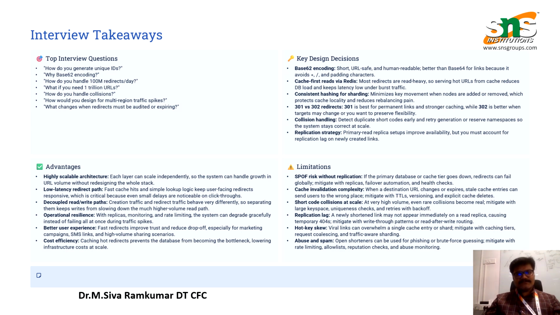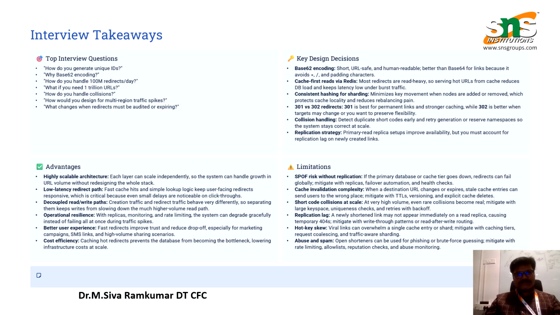The important design decisions include using Redis cache for faster reads, consistent hashing for sharding, choosing between HTTP 301 and 302 redirects, database replication, and collision handling. You should also mention the practical challenges like cache invalidation, replication lag, hot keys, and abuse prevention.